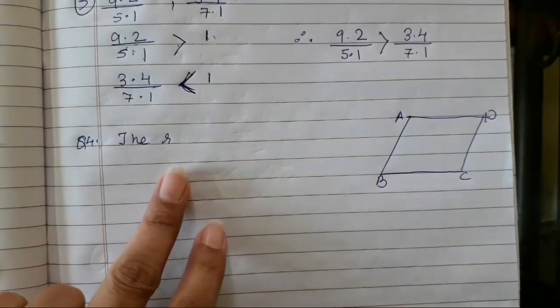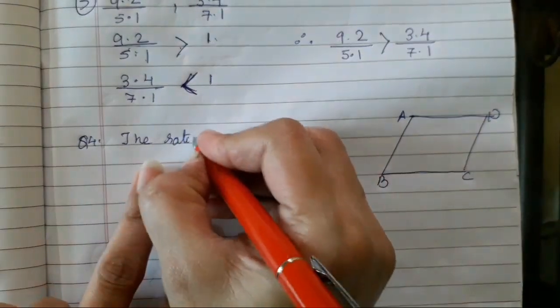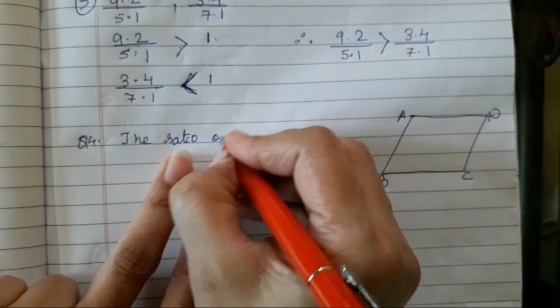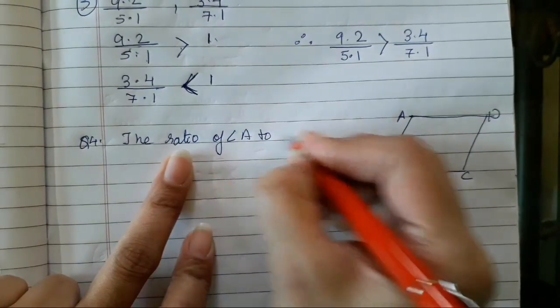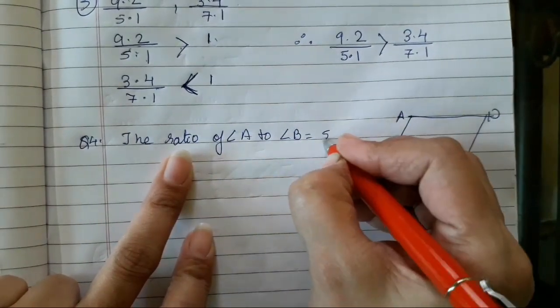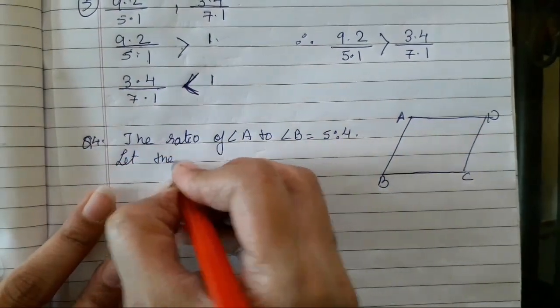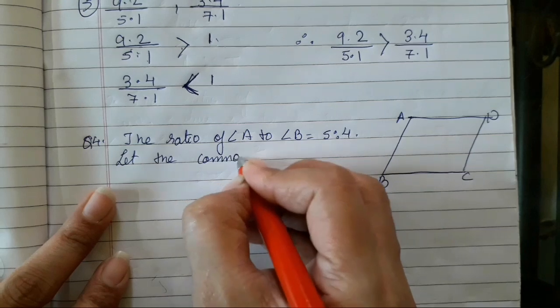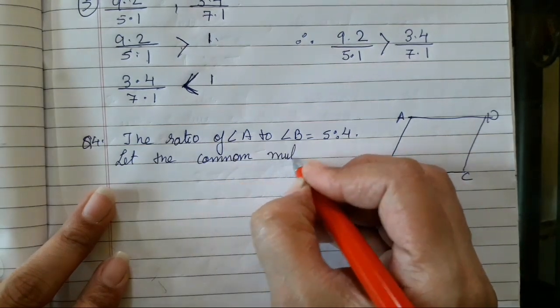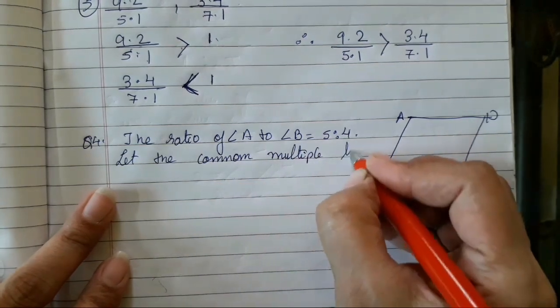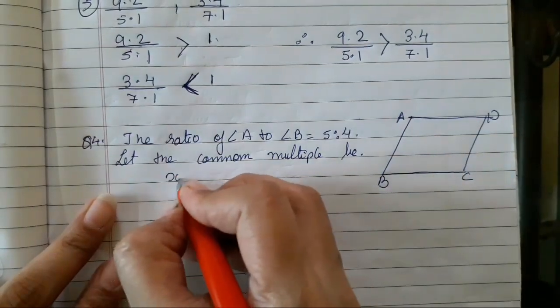The ratio of angle A to angle B is equal to 5:4. Let the common multiple be x.